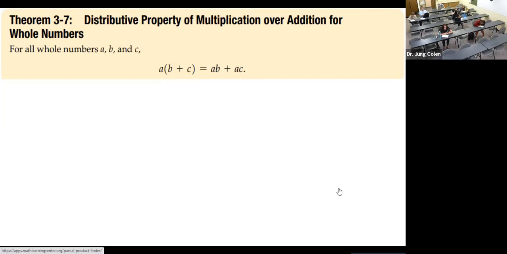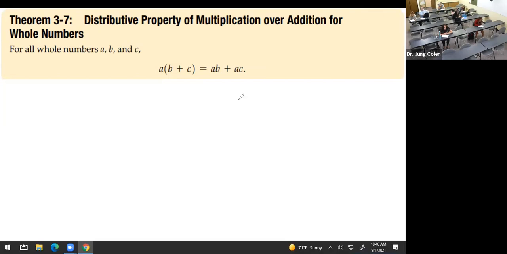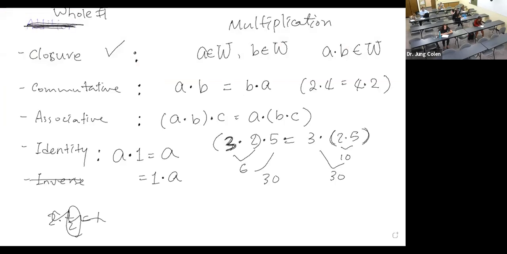It's still distributive property, just backwards, okay? So what I mean by this is: if you are given 3 times 5 plus 9, that's the same as 3 times 5 plus 3 times 9, right?